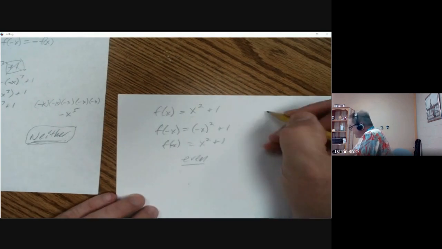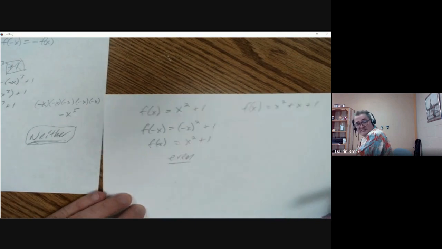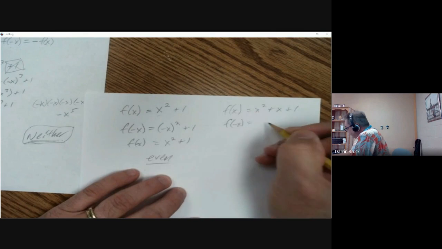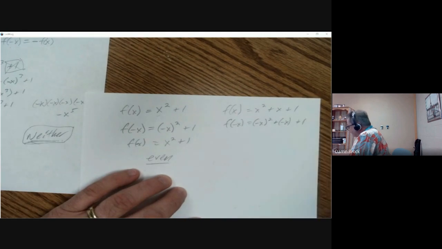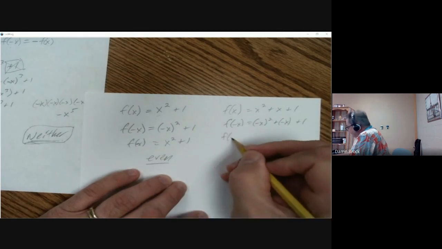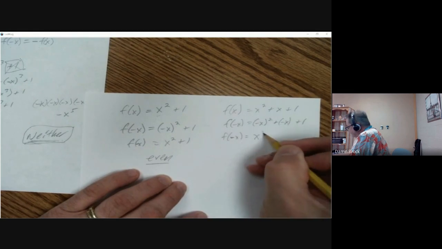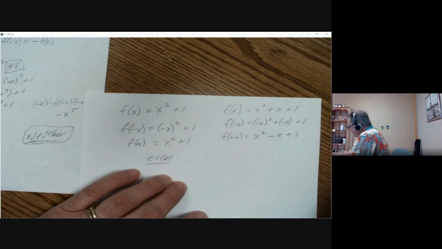And you can end up with stuff like this equals x squared plus x plus 1. Let's try that one. So if we substitute negative x in there, we get negative x squared plus negative x plus 1. So f of negative x equals negative x squared, which is positive x squared because negative times negative, and then minus x plus 1.